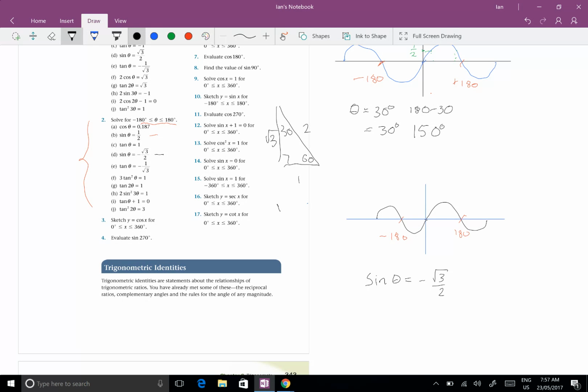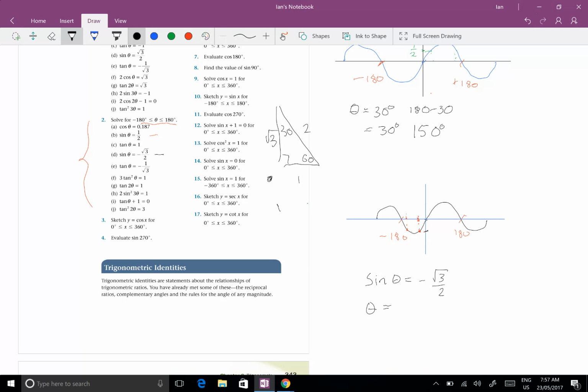Well, it's down here this time. And my answer is going to be this point here, a negative value, and this point here, a negative value. Well, again, the idea is to find the acute angle, so theta. That acute angle, root 3 over 2.